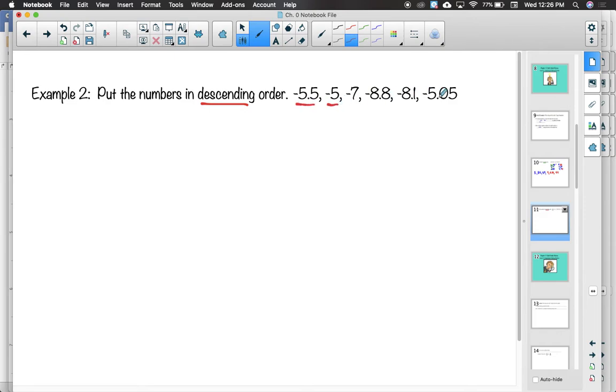Let's underline them. And I'm going to write them down: -5 and 5/10, -5, and -5 and 5/100. Let's add my hidden zeros to make them all the hundredths place. Okay, and the biggest of those numbers is the one that's going to be closest to 0.